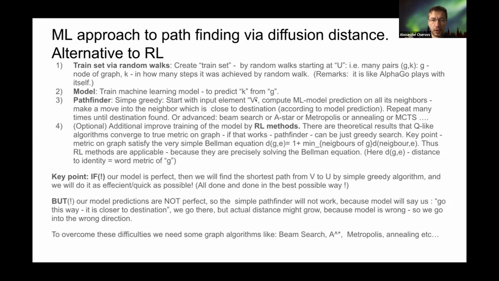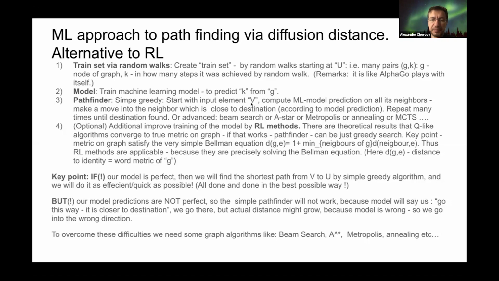Then we compute neighbors for all these 1,000 nodes. Then we compute the machine learning prediction for all these newly obtained nodes. But then we choose only the top 1,000 nodes which are closer to the destination according to the neural network prediction.